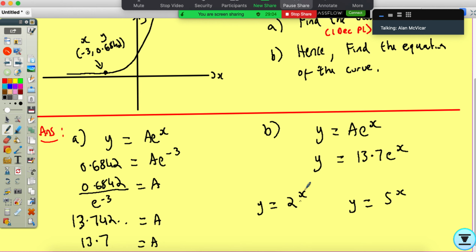When x is the power, that's when you've got an exponential, right? Now the ones that we've been looking at here is when we've got e to the power of x, right? Or when we've got something times e to the power of x. The last one was 5e to the power of negative x.